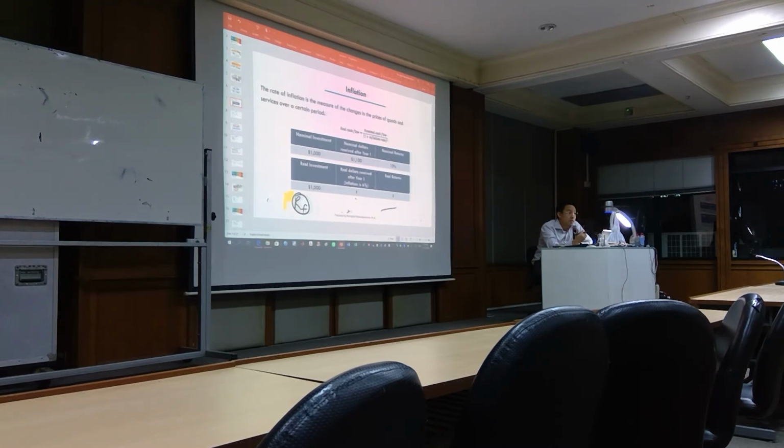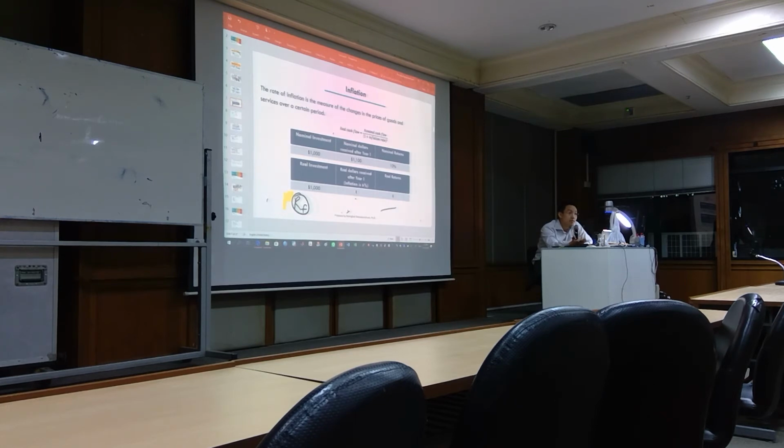We know that the yield on a government bond is maybe 2% or 3% or something, okay? That percentage is in nominal terms. So when you go to the bank, and the bank says it will give you 2% interest rate on a 2-year time deposit account, that is the nominal term.